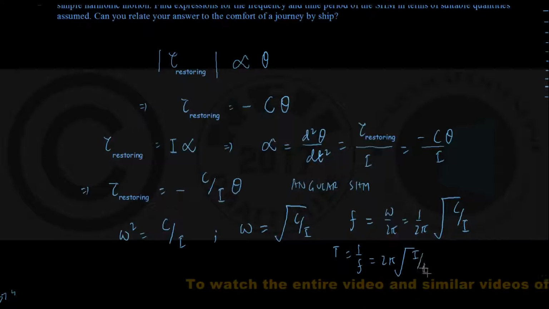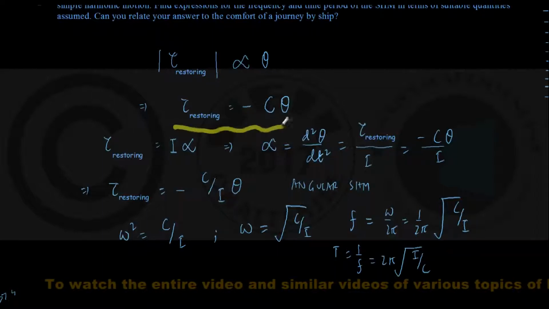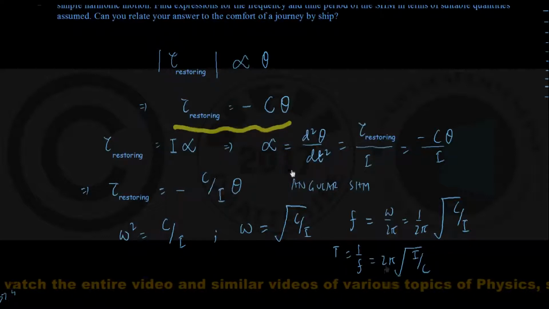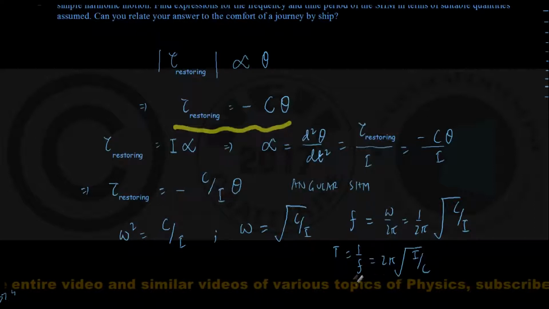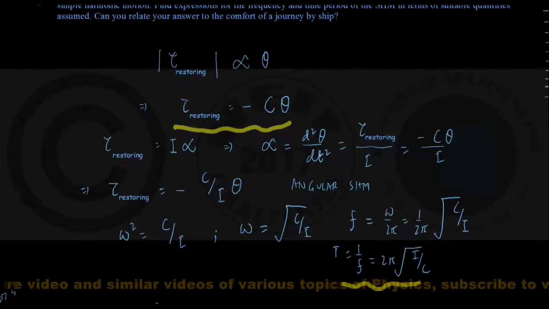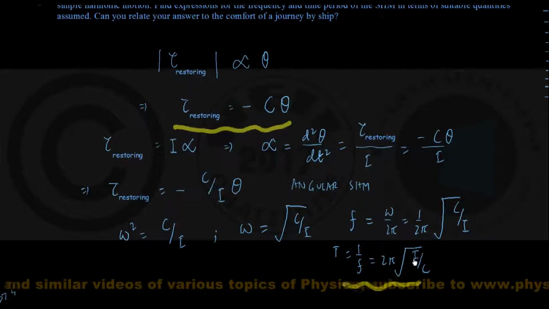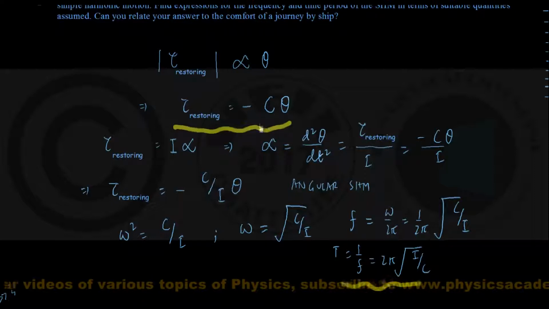I upon C. So let me highlight once again what we have said. The criterion for angular SHM is restoring torque proportional to angular displacement with a constant of proportionality C here. And finally, we have shown the period of such SHM given by 2 pi into square root of I upon C, where I is moment of inertia of the body about axis of rotation and C is the constant appearing in this equation.